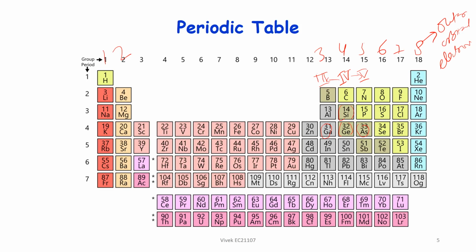But gallium arsenide is a semiconductor, or aluminum arsenide, or aluminum antimonide, indium antimonide, indium arsenide. These are basically semiconductors. So you have group 3, group 5, they are called 3-5 semiconductors, and their average electrons in the valence band will be 3 plus 5 divided by 2, so that is 4.